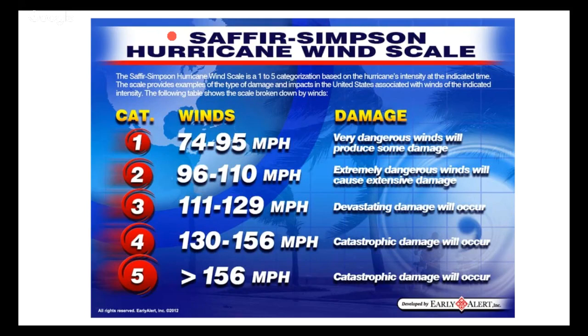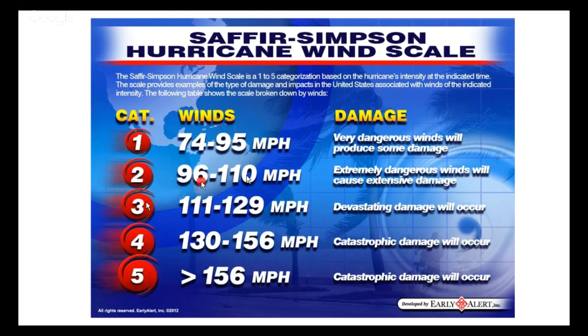And what's the damage that happens? Very dangerous winds will produce some damage. Okay, so maybe a tree limb might fall on the house.